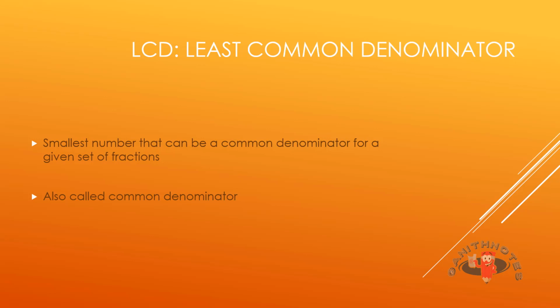So if you are given a set of fractions, for example two fractions, and you have to find out the LCD for those two fractions, then you are asked to find out a denominator which is common to both the fractions. That particular value is termed as LCD or least common denominator. LCD is also known as common denominator because it is a common denominator for the set of fractions which are in question.